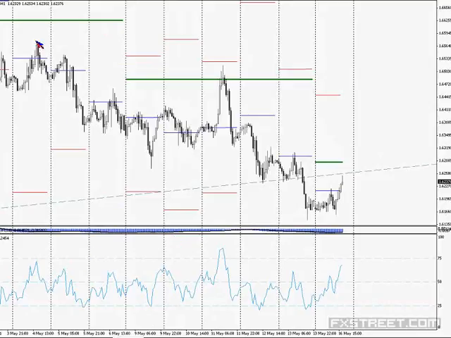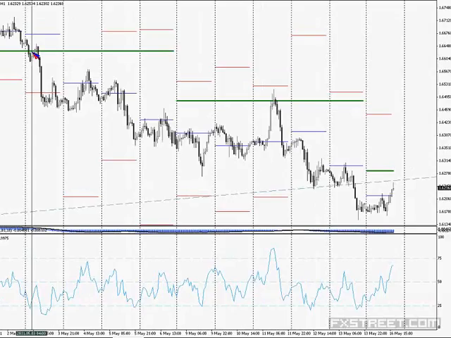Okay, and then we look in terms of what we can do during a downward trend. Okay, and here we have, for instance, an overbought situation in the RSI.